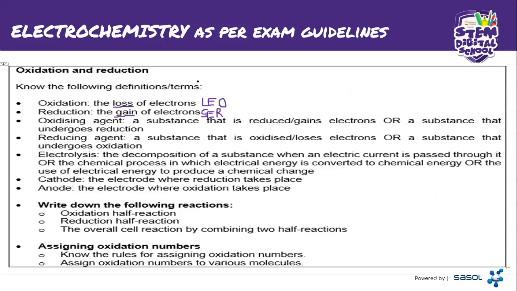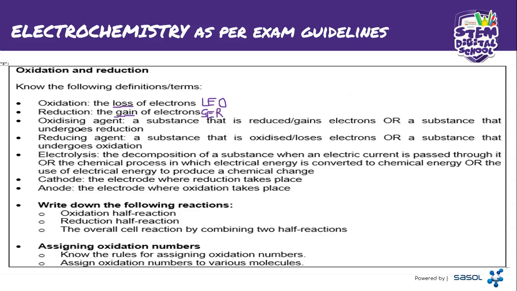And that is very critical for you to know these particular definitions. And remember, these are processes, these are types of reactions that take place in both electrolytic cells as well as galvanic cells.